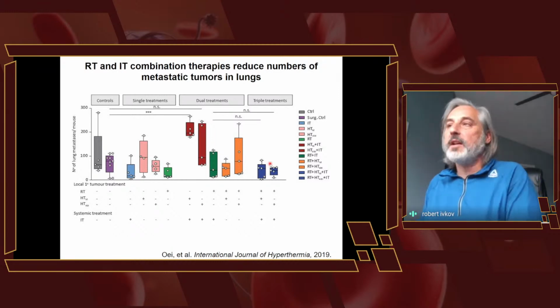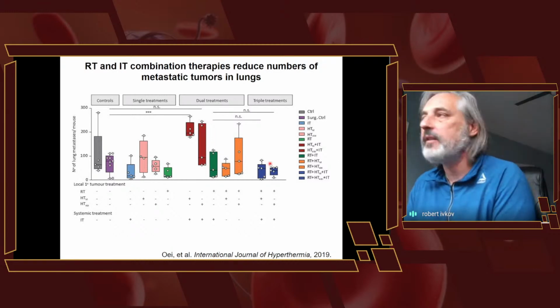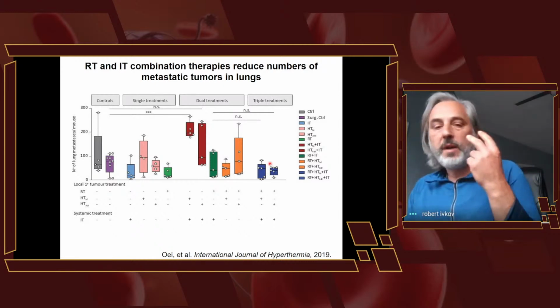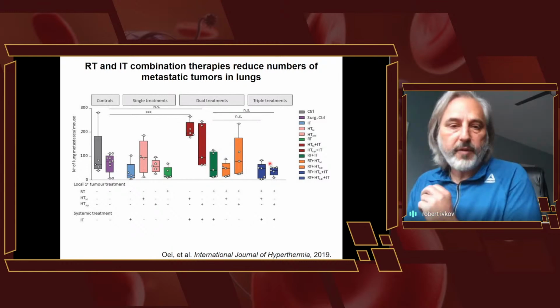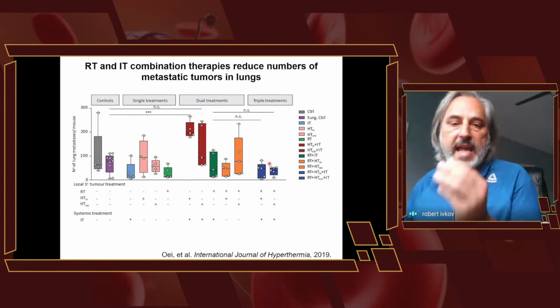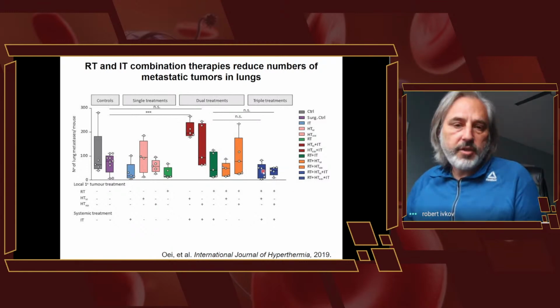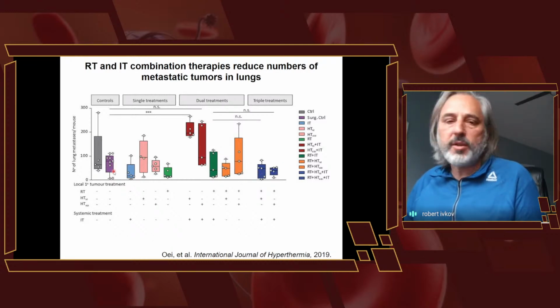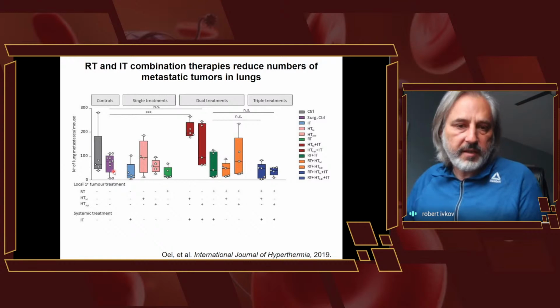In other words, one conclusion is that with a single fraction of hyperthermia combined with 3 fractions of 8 gray radiation and dual checkpoint inhibitor therapies, we achieve a control of metastases that is similar to surgically removing the tumor at the same time.